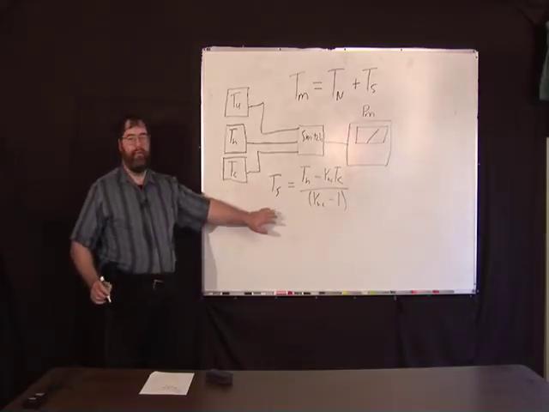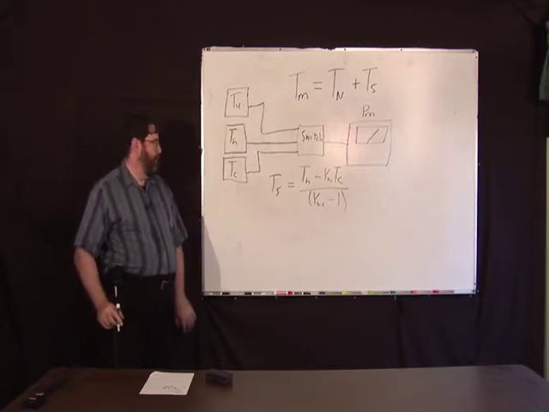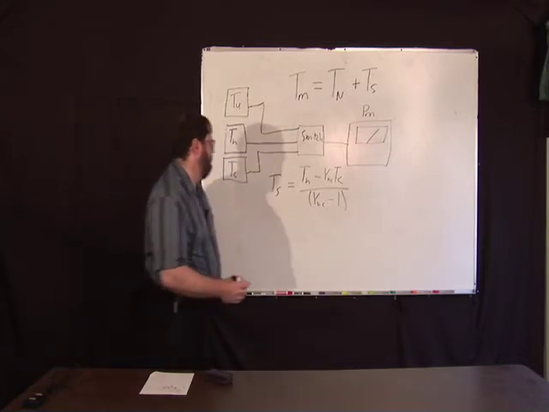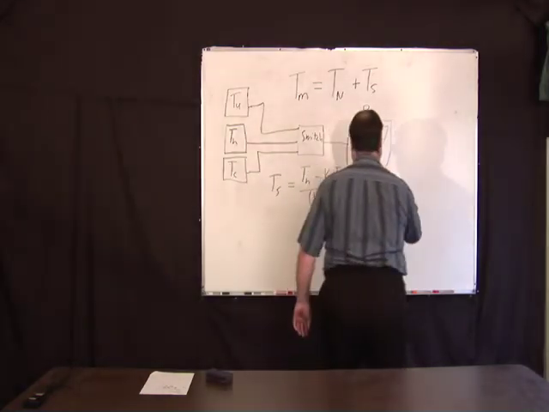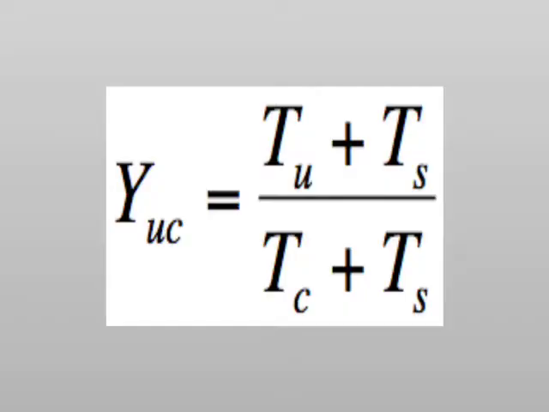Now, if you switch fast enough, you can do the same analysis with the unknown, and you get a Y unknown cold, which is equal to T unknown plus TS over T cold plus TS.